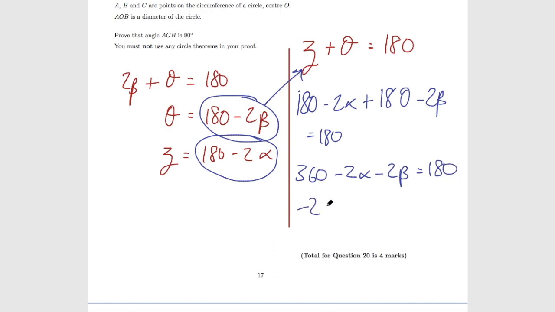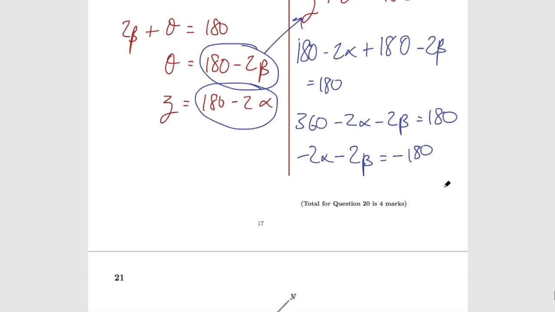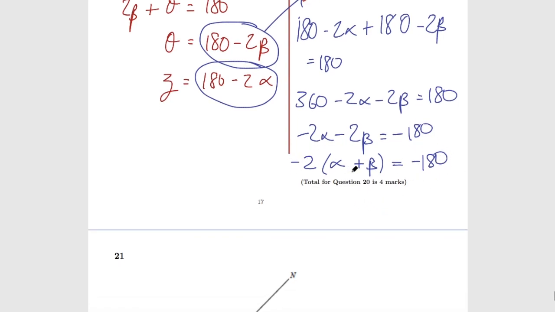Then minus 2 alpha minus 2 beta equals minus 180. I've just subtracted that 360 from this side. Then we can factorize this, taking out a minus 2: minus 2 times alpha plus beta equals minus 180. Then divide this side by minus 2 to get rid of that minus 2, so we get alpha plus beta equals 90 degrees.